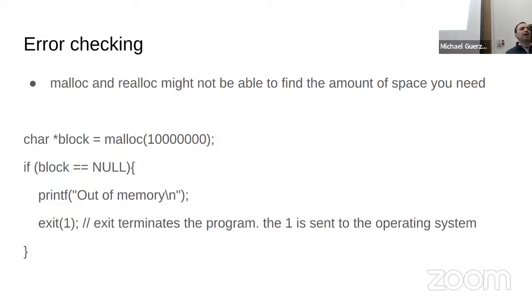Sometimes it's going to be the case that malloc or realloc just cannot give you the amount of memory that you want, right? So here, if you count the zeros, we're looking for 10 megabytes, and a megabyte is 1,000,000 bytes. This is 10 million. So it's looking for 10 megabytes of space. Usually you would have that, but it's a substantial chunk.